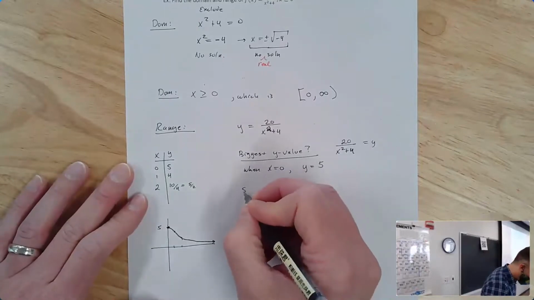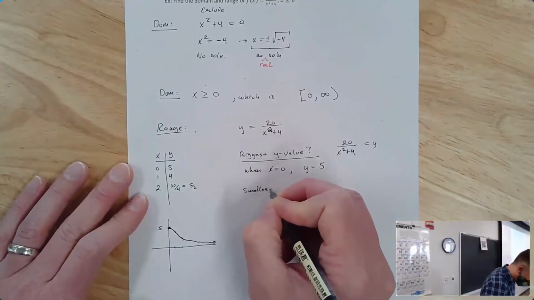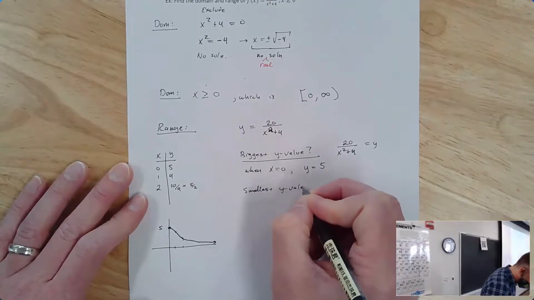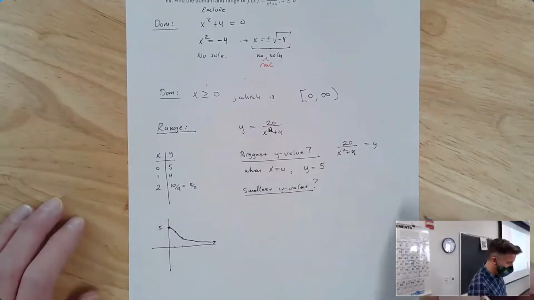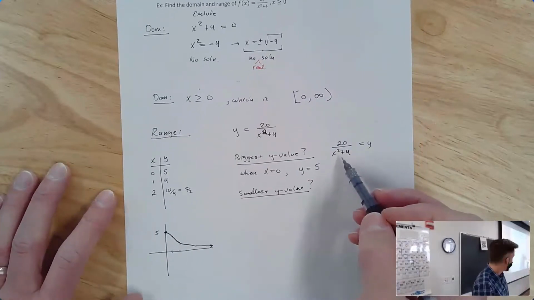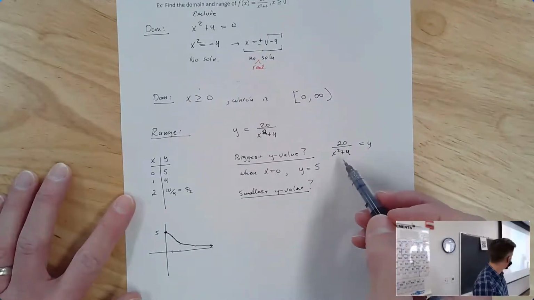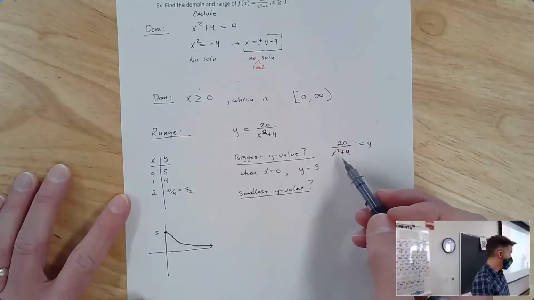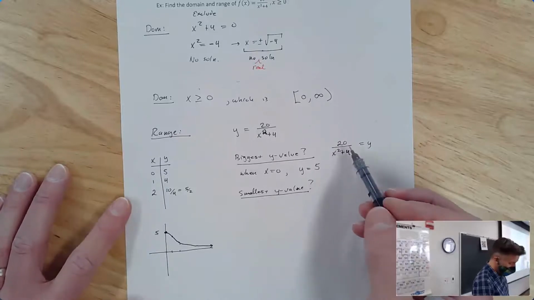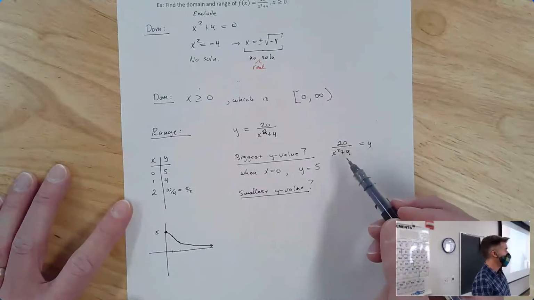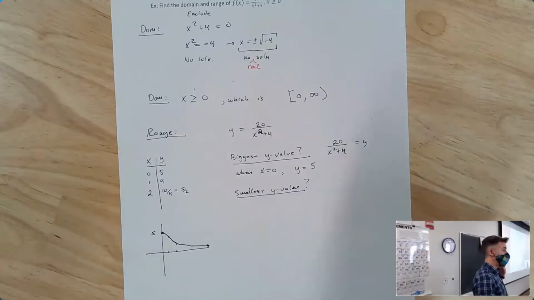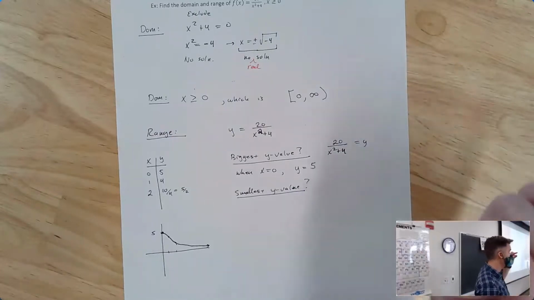The smallest y value. Okay, well, if I want to make the y values small, I'm going to make the x values large. How large can the x values get? Without end, right? They can get infinitely large. And if the denominator is infinitely large, the entire fraction is going to be, I don't want to say 0 because it's not actually going to equal 0, but it's going to be infinitesimally small.